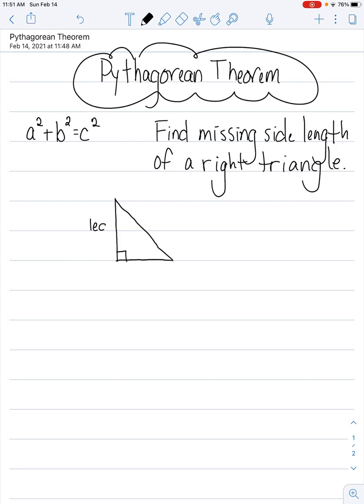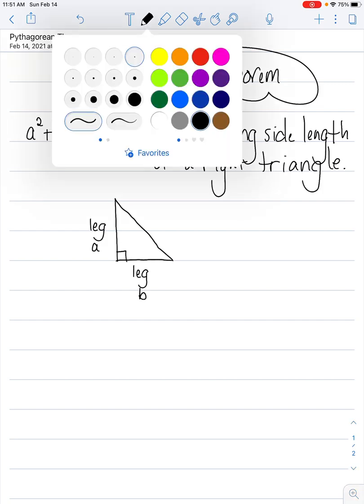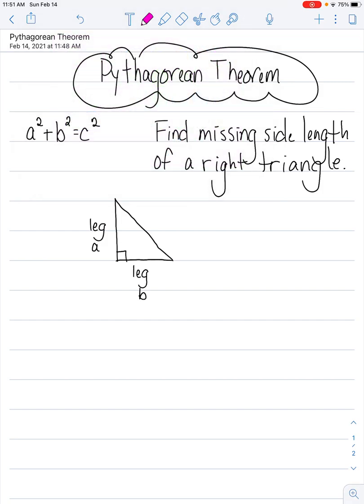The L, and I always make an L with my finger to find the right angle. Those two are called the legs. And in our Pythagorean theorem, that's our A and our B. Doesn't matter which one is A and which one is B. Now the slanted side, or the way I like to find it, is find your right angle and point to the other side.